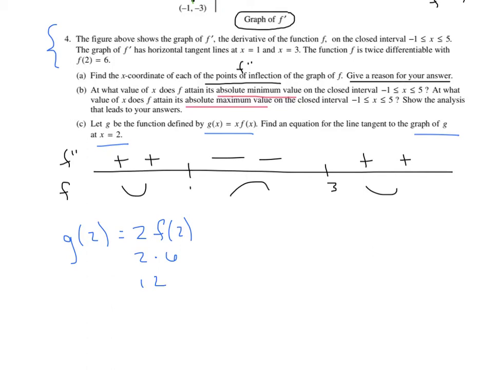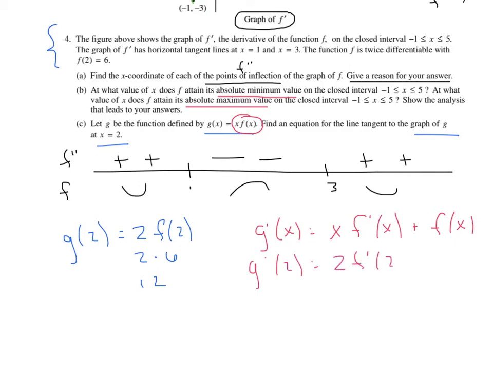The next thing I want to try to find is g prime of x. And remember, it's the product of x and f of x. So you're just screaming product rule on this one. First times the derivative of the second plus the second times the derivative of the first. And now I'm going to substitute a 2 into all those x's. I've got 2 times f prime of 2 plus f of 2. Now f prime of 2 is a value that we're going to read off the graph.